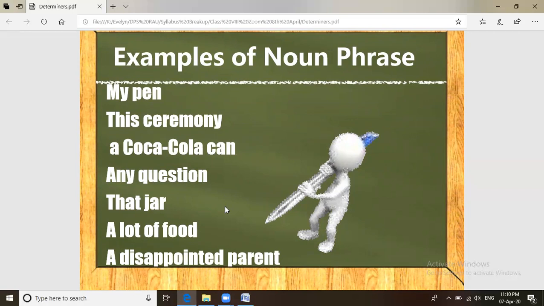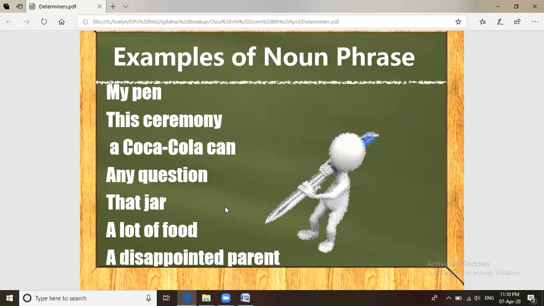Instead of one word, there is a group of words, my pen. This ceremony will take place in the evening. Which ceremony? This ceremony. A Coca-Cola can costs rupees 50. What costs rupees 50? A Coca-Cola can. Any question, that jar, a lot of food, a disappointed parent.